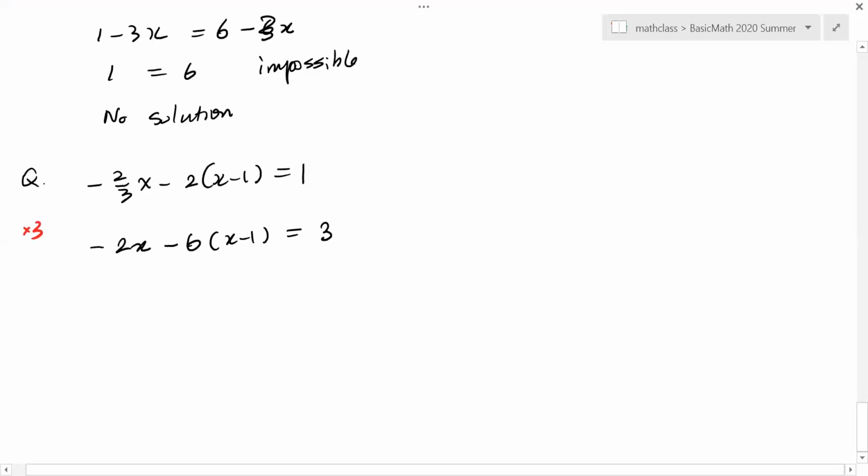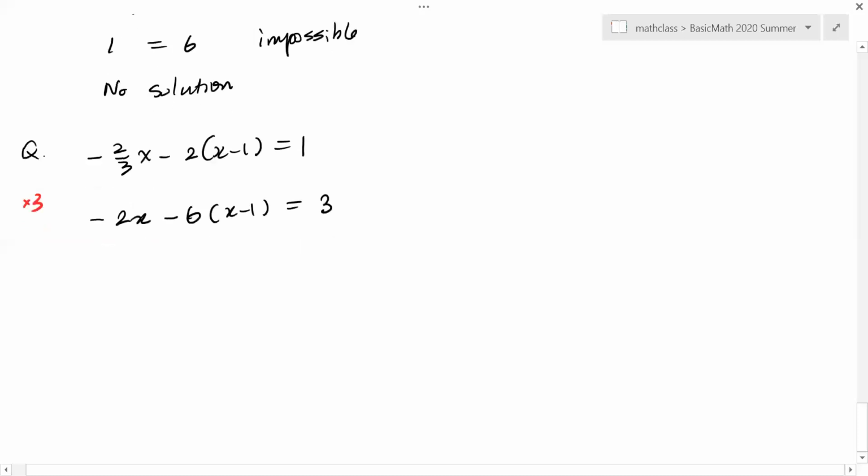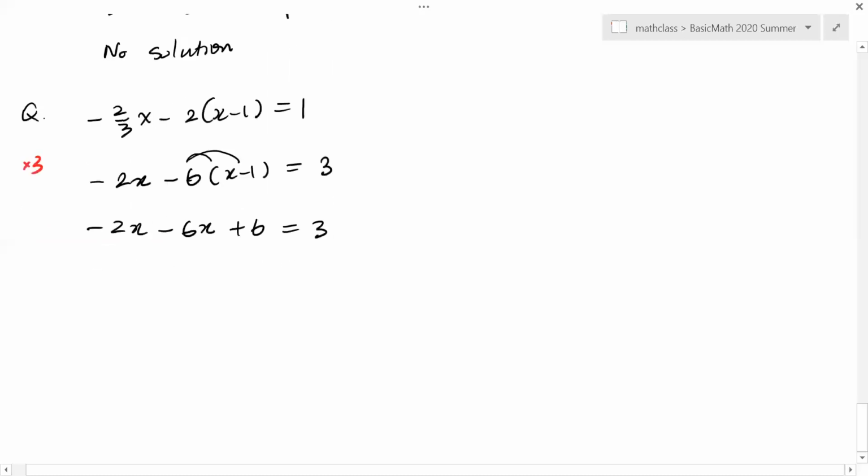Right. So Austin says pretty sure his answer is right. And actually, let's see. Then you multiply this out, right? So negative 2x minus 6x, and negative 6 times negative 1 is plus 6. Now negative 2x minus 6x, which is going to be negative 8x plus 6 equals 3.